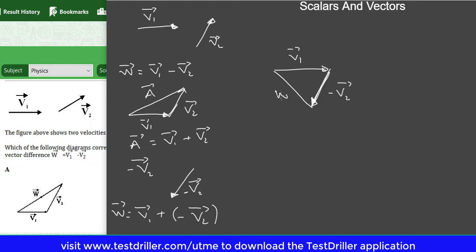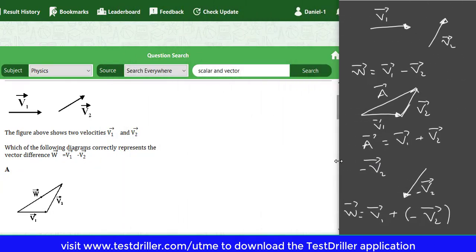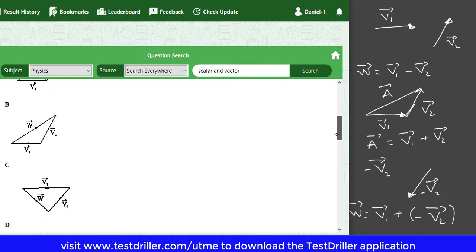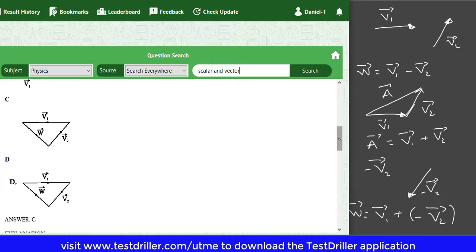So w will be something like this. This is basically how you can conceptualize how to calculate the difference between two vectors. Let's check out the option that closely resembles what we've just drawn out. If you look at all the options, you'll see that the one that closely resembles what we have is option C.